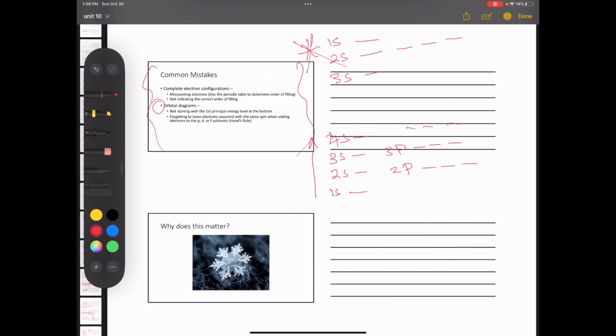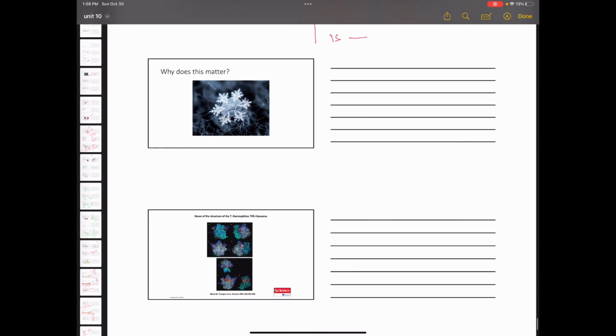That basically means that if you have a partially filled orbital like the p, the d, or the f, you need to start with single electrons in every single orbital, and then you go back and pair them with opposite spin, opposite direction spinning electrons. Okay, so these are the common mistakes. If you pay attention to this, I think you shouldn't have any problems doing the orbital diagram or even the electron configuration.